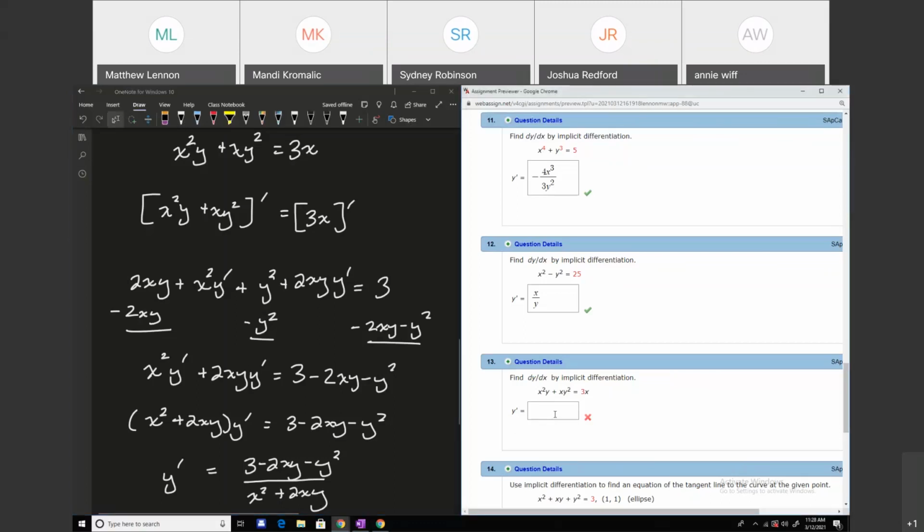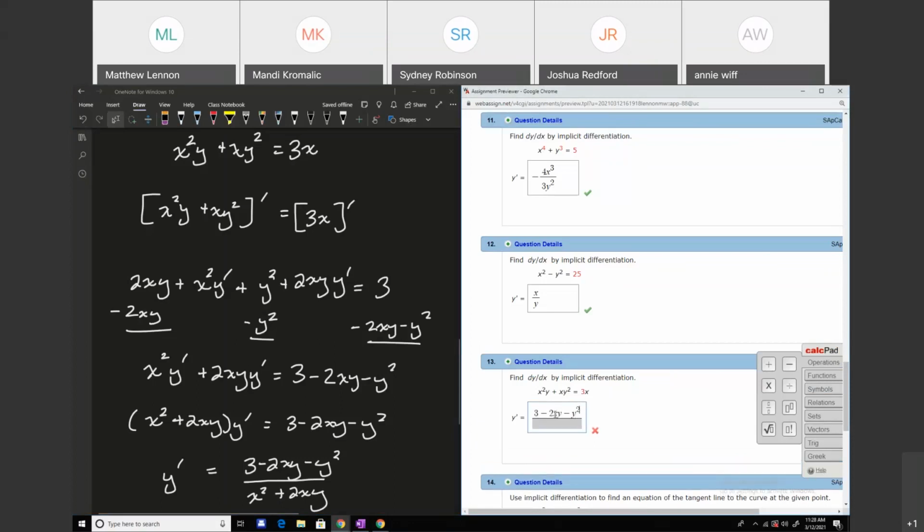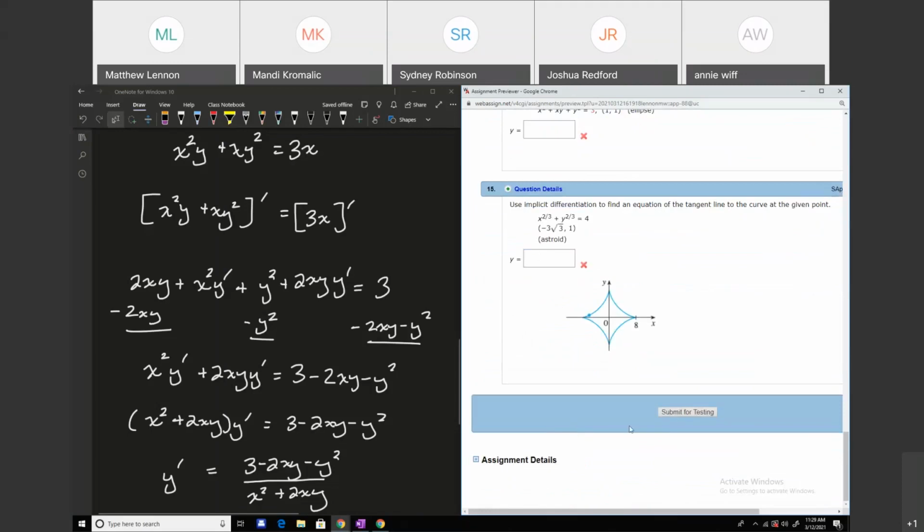So let's be careful and make sure we enter that properly. So 3 minus 2xy minus y squared over x squared plus 2xy. Make sure it came out correctly.